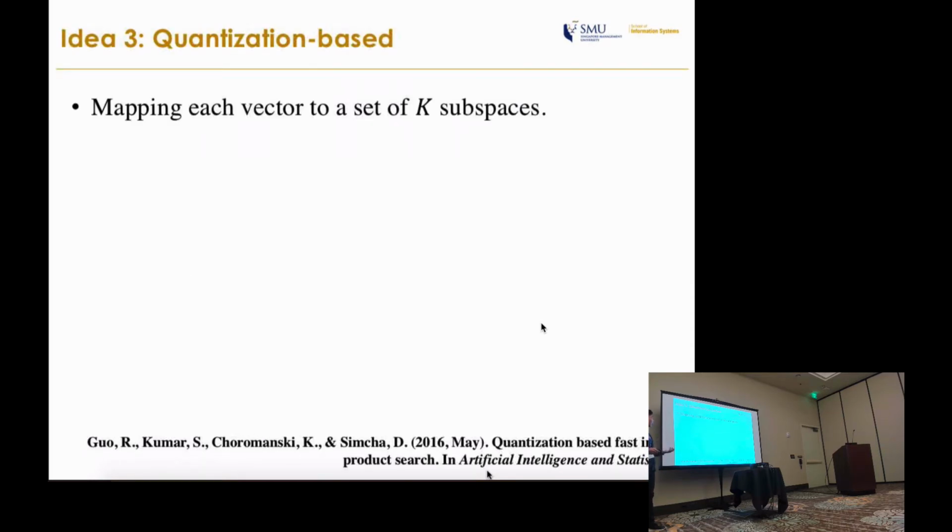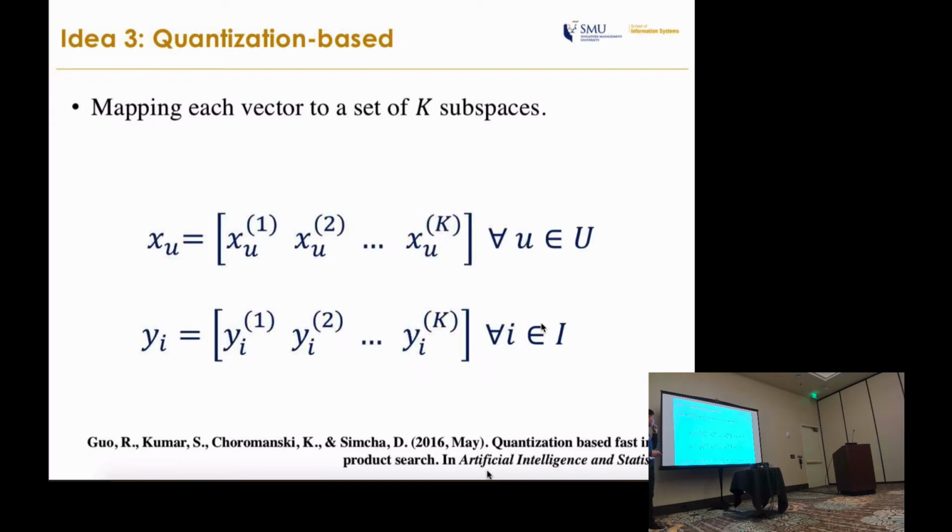So how they do it is basically they need to map each vector into k different subspaces, and each of these subspace vectors has the same length. Then basically they partition the original data space of x, u, and y_i into k subspaces, and in each subspace, each user vector and item vector is represented by a sub-vector enumerated from 1 to k.